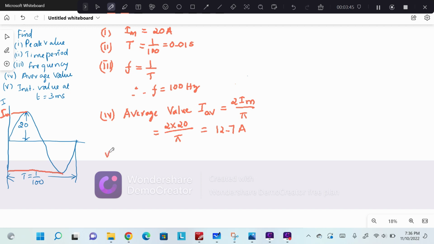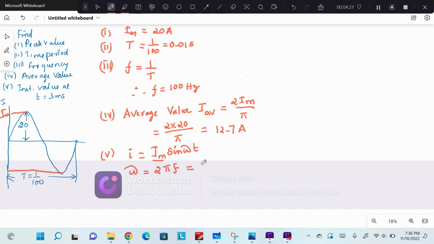And then the last one, which is the instantaneous value. The instantaneous value of any alternating quantity is given by the formula Im, that is the maximum value of that quantity, sine of omega t. Omega is the angular frequency, which can be calculated by 2 pi into f. F we have already calculated, that is 100 hertz.